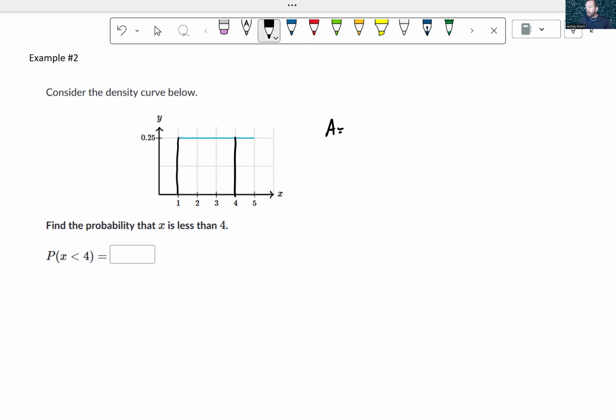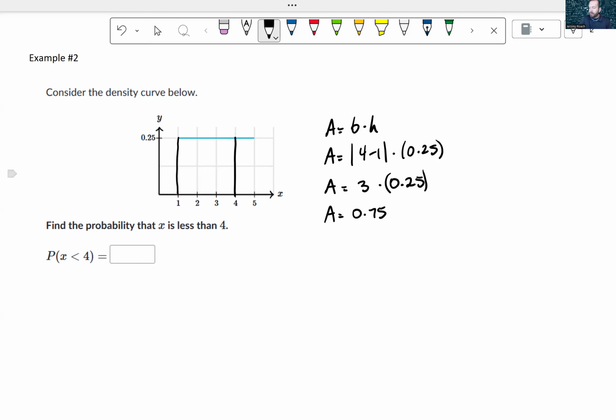Very straightforward. Area is base times height. And we're going to find the absolute value of the difference between the 2 points for the base. 4 minus 1 times the height is 0.25. And so that gives us positive 3 times 0.25. And so the area is 0.75.